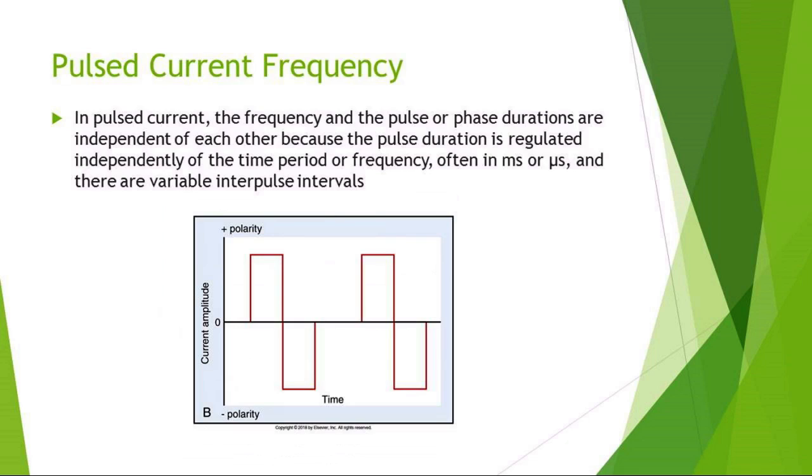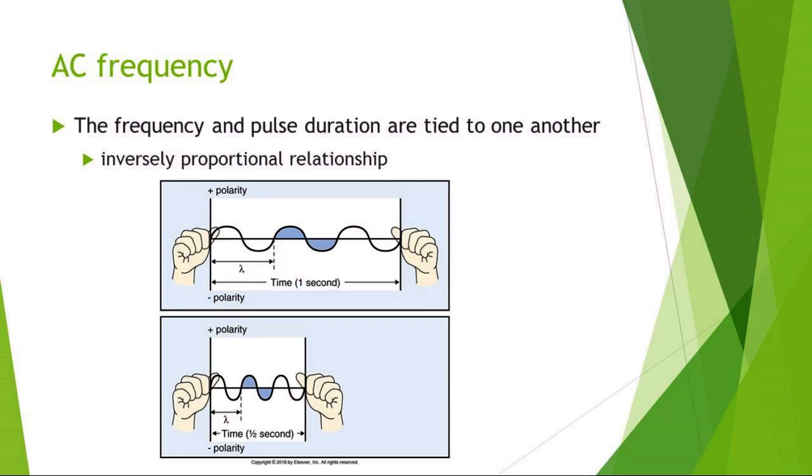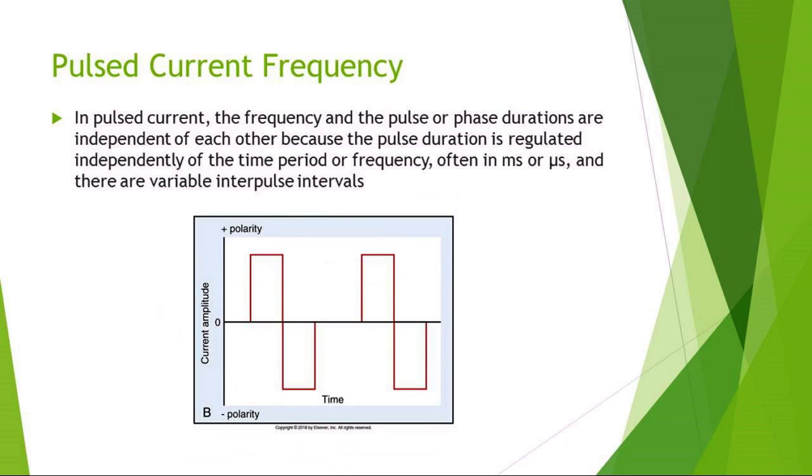In pulsatile current, the frequency and pulse durations are independent of each other because the pulse duration is regulated independently of the frequency. So the pulse duration is usually in milliseconds or microseconds, and there are variable interpulse intervals. So that's really kind of the main difference between alternating current frequency and pulse duration and pulse current frequency and pulse duration.